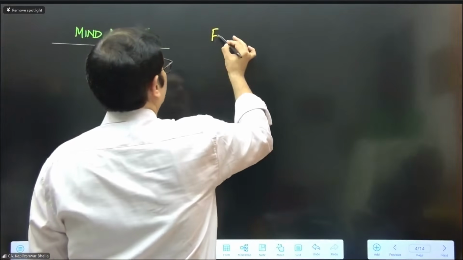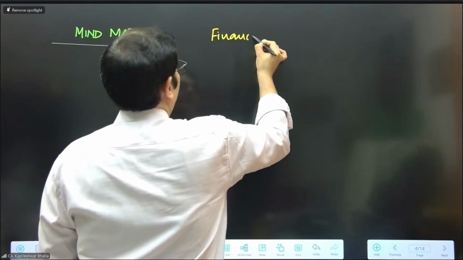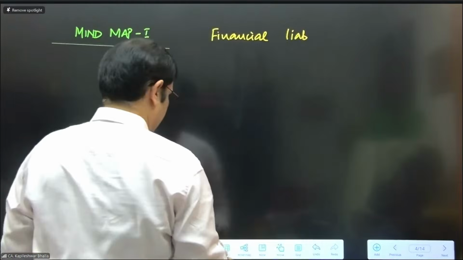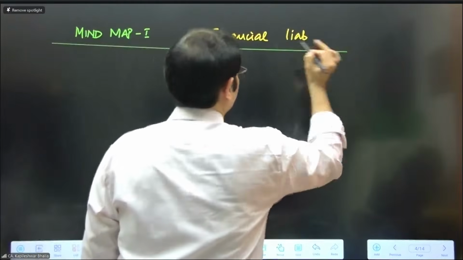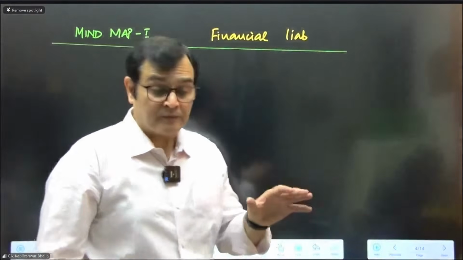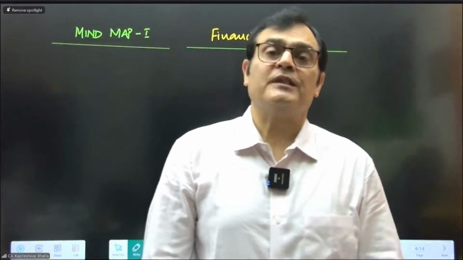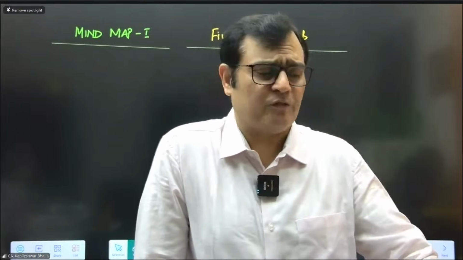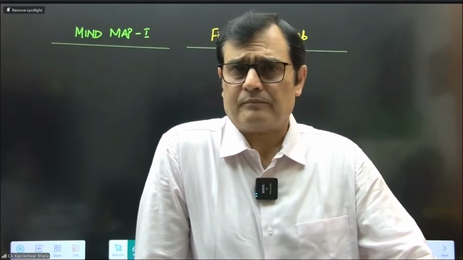So just like we made a chart on financial assets, let's consider a chart on the financial liability. Now, I would just like to remind you, though I'm not putting that in the chart, if you've seen the regular sessions, you would recall that financial liabilities are of various kinds.